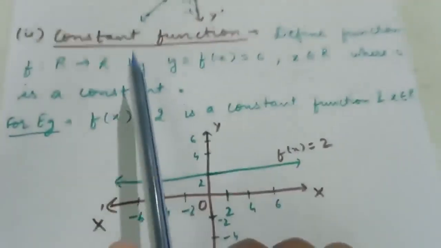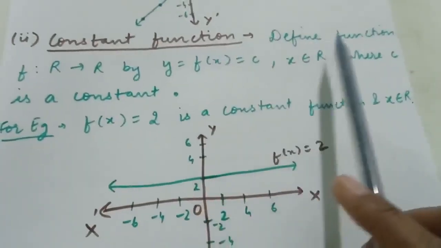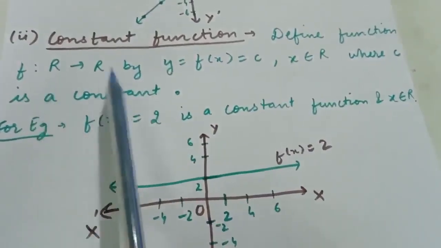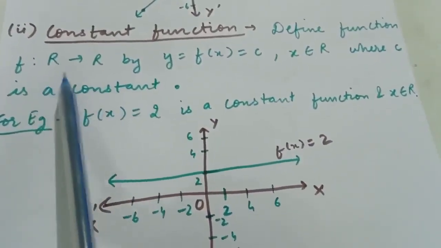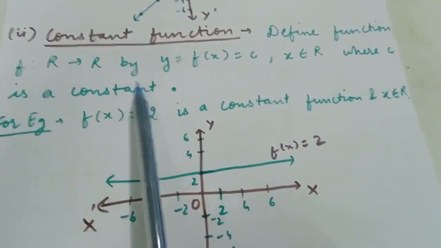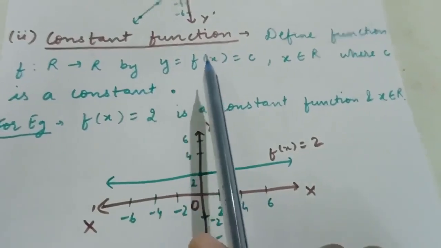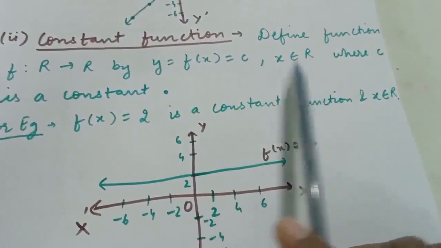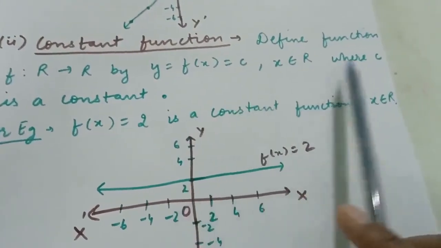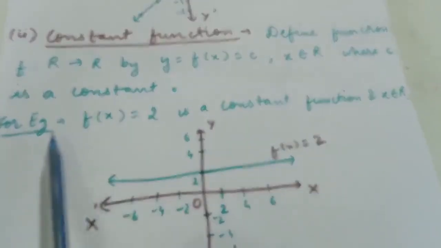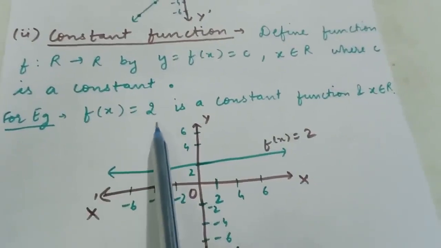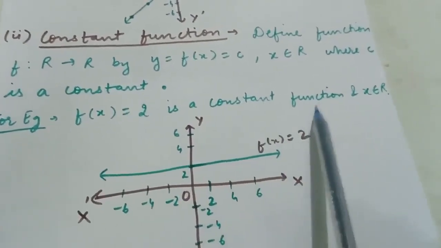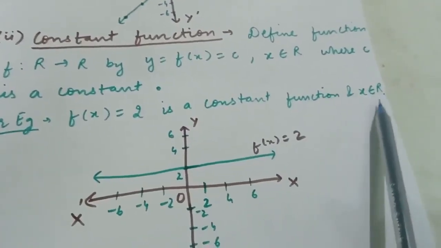Next is the constant function. Constant function, defined from R to R. This is also a function from real numbers to real numbers, which is defined as y = f(x) = c. For all x belonging to R, f(x) is c, where c is a constant. For example, f(x) = 2 is a constant function. And here x belongs to the real numbers.